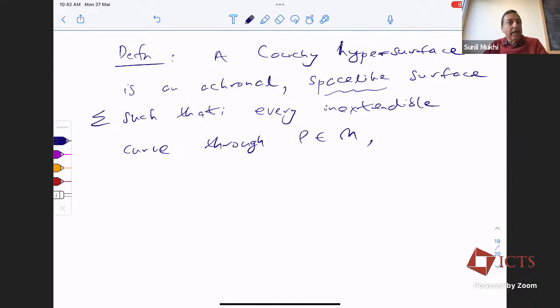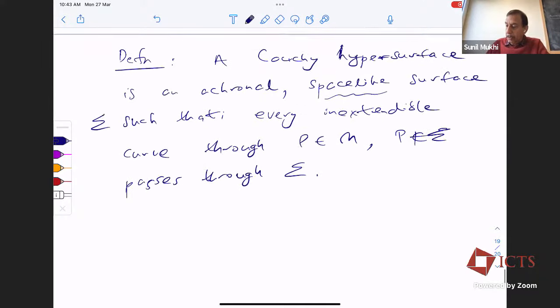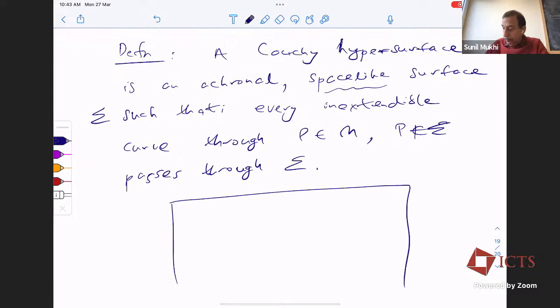If I just use S, then it'll be something more general. It's convenient. So every point P that's in M, but P is not in sigma, every inextendable curve through P passes through sigma. And let's immediately see a picture of this. So here's my M.